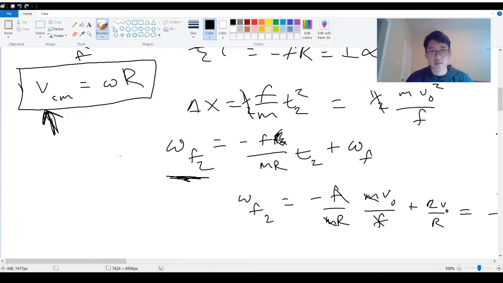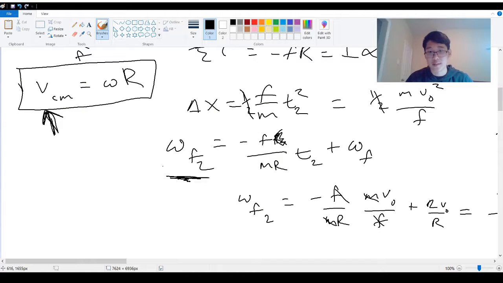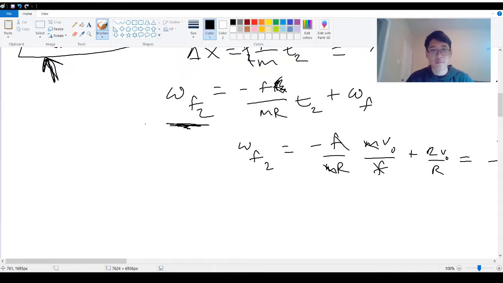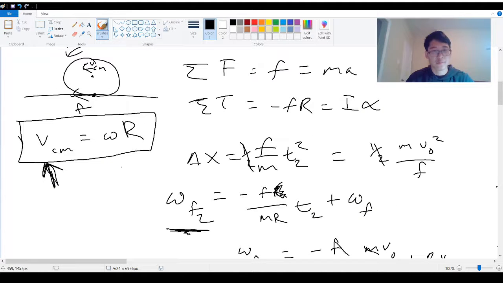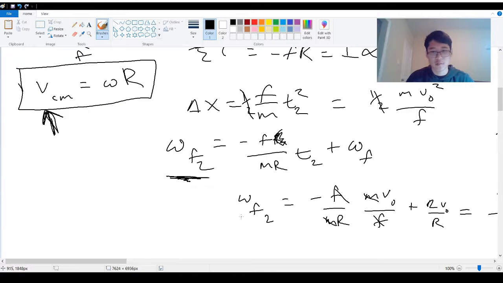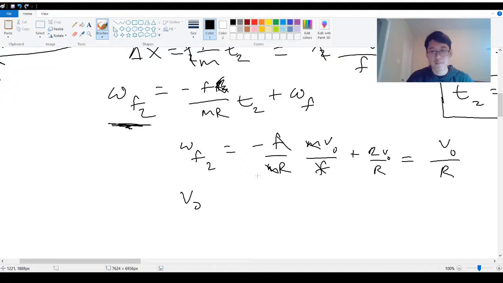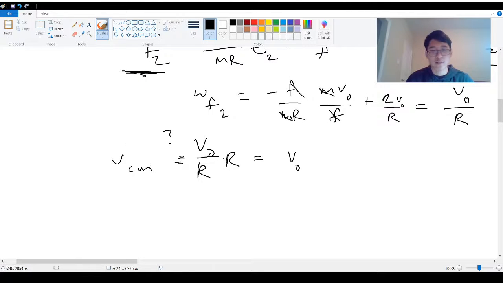And actually, let's plug this into this equation and see if it follows this scenario now. If we multiply by r, okay, so hold on, v center mass is omega times r, so this times r is just v naught, right? V naught over r times r is equal to v naught. Is this equal to velocity of center mass? That is the question we're trying to look at right now. And what is this velocity of center mass?